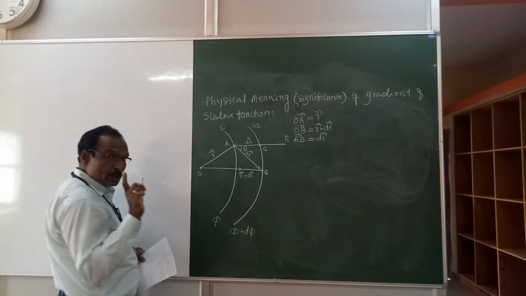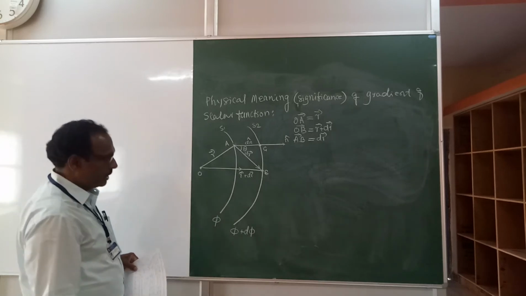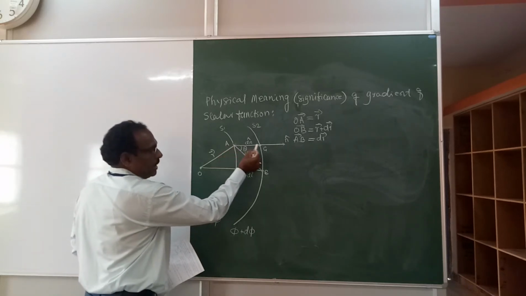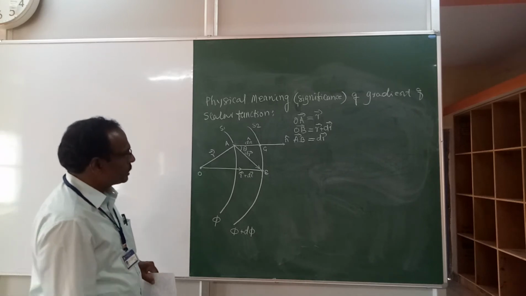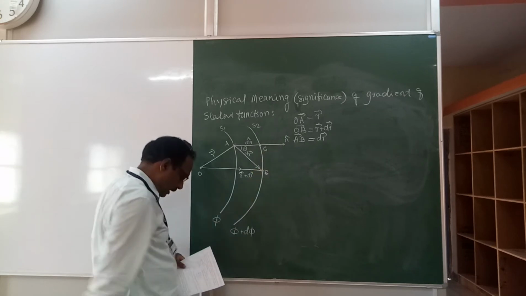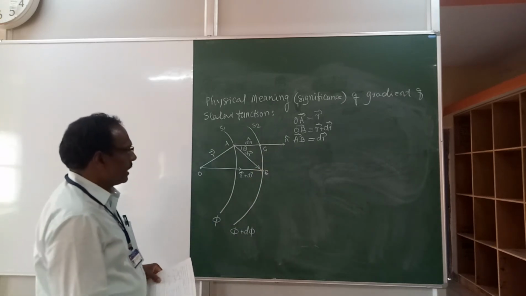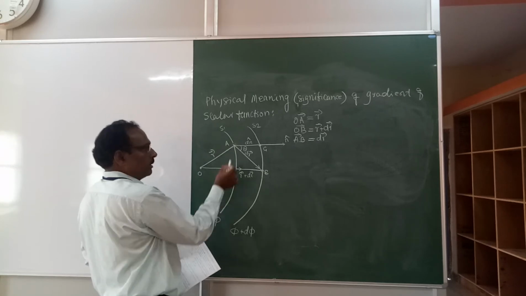Now, the least distance between the two surfaces is AC, and that is along the normal at A. A is the point on surface S1.